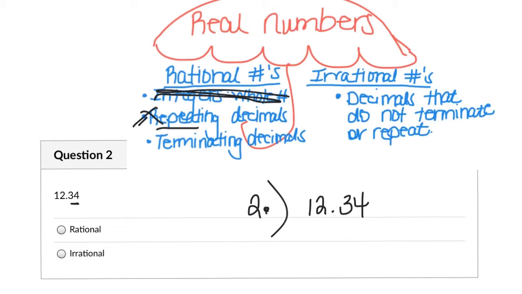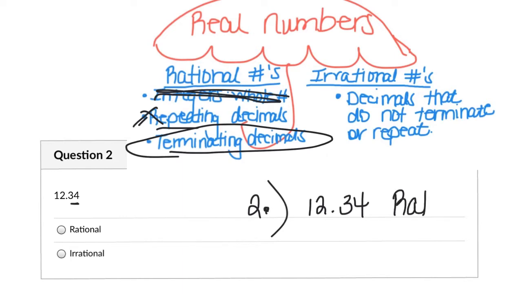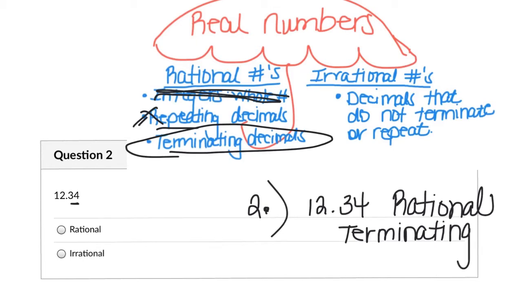There's nothing after the 4. I know this is a terminating decimal because it stops. So this is rational. And let's add that too because it is terminating. So it is rational because it is terminating.